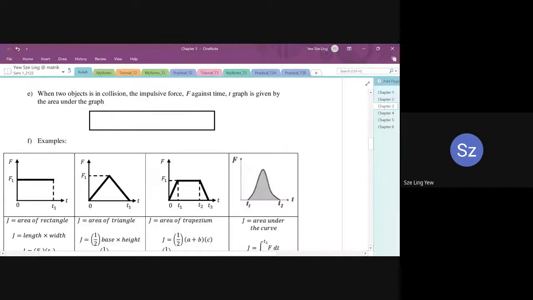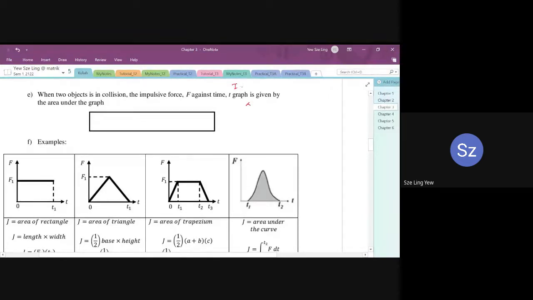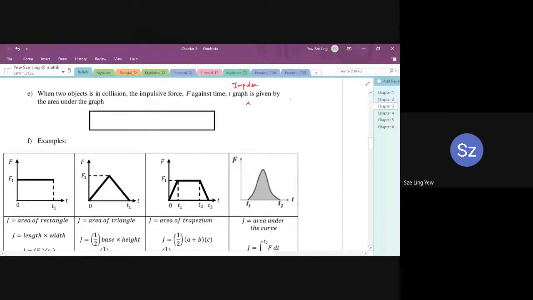So how am I going to change the sentence? When two objects are in collision, impulse is given by the area under the F against t graph. Yeah, that would be better. Okay, when two objects are in collision, impulse is given by the area under the graph of, okay, this one, you move it here, the impulsive force against time graph.